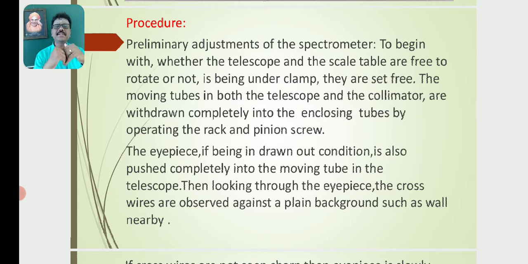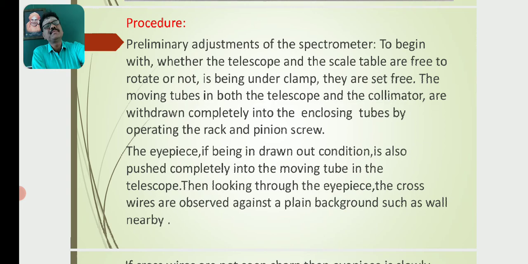Further, the eyepiece, if in a drawn out condition, is also pushed completely into the moving tube in the telescope. Then looking through the eyepiece, the crosswires are observed against a plain background such as a nearby wall. The telescope is focused on a distant object; with the help of the rack and pinion screw it is adjusted until we get a clear image of that distant object in the field of view.